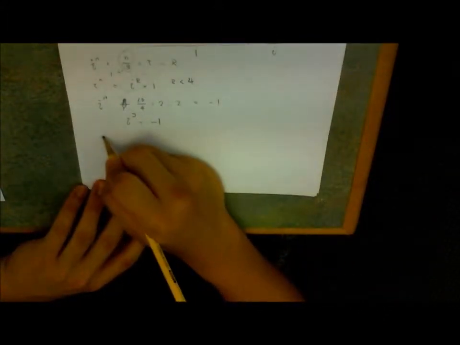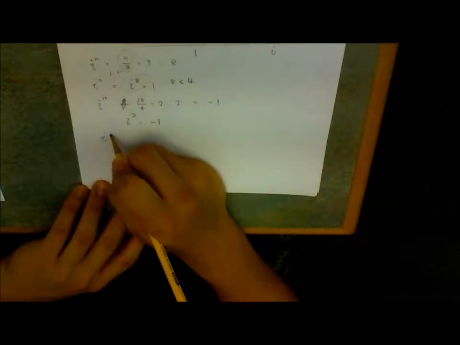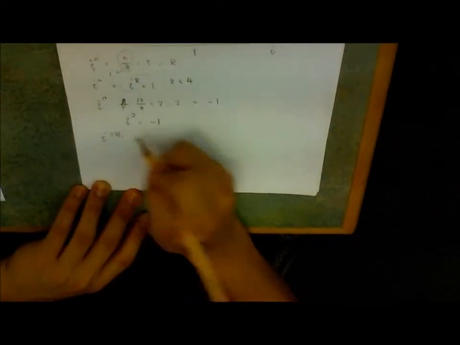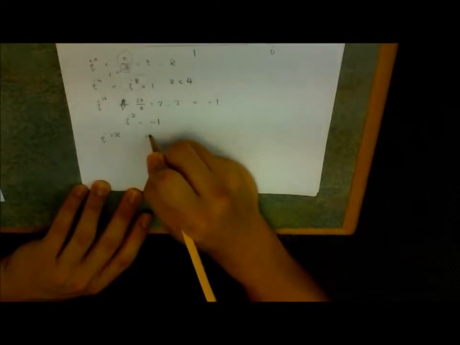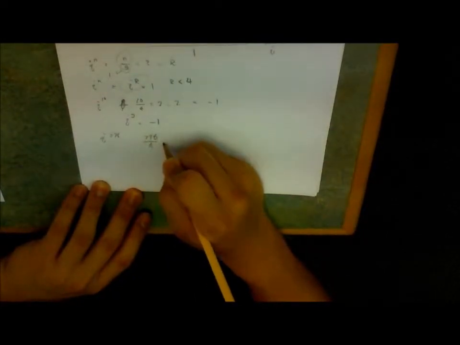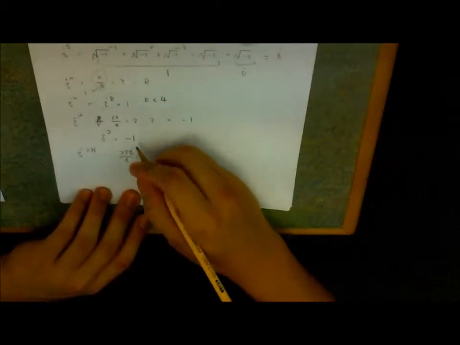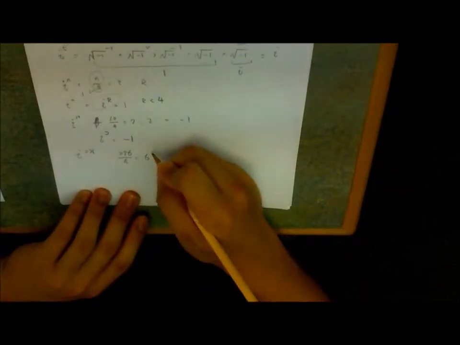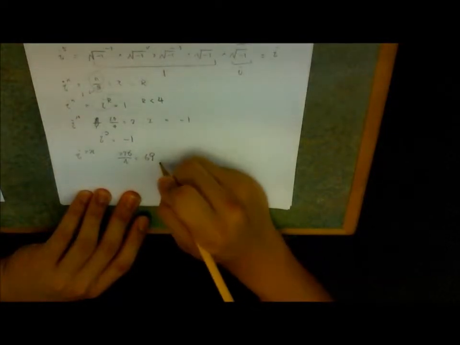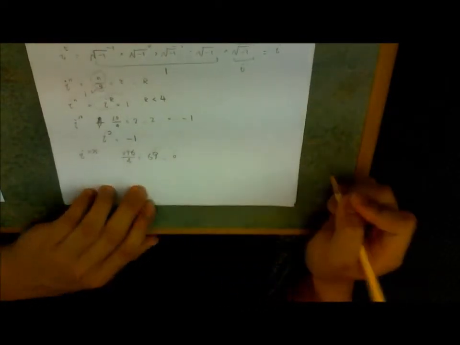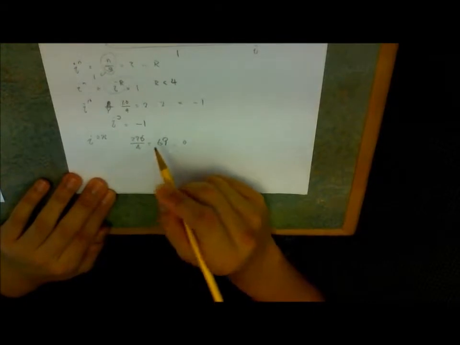Another one, i to the, let's go bigger, 276. We go 276 over 4, which gives you 69 with a remainder of 0. So we know that it groups into groups of 4s.